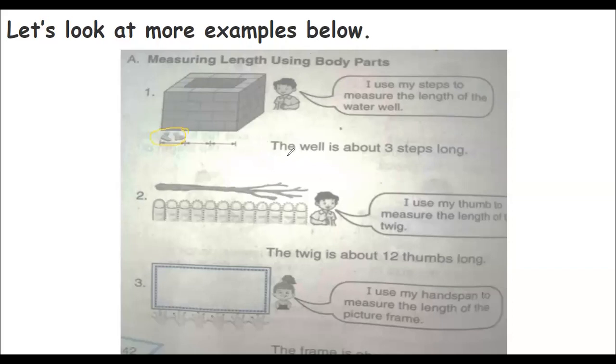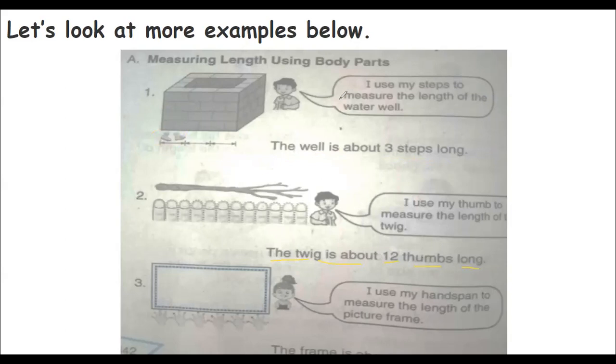Next, so here, the well is about 3 steps long. Okay, now here, I use my thumb to measure the length of the twig. The thumb, your hand thumb. Okay, so the twig is about 12 thumbs long.